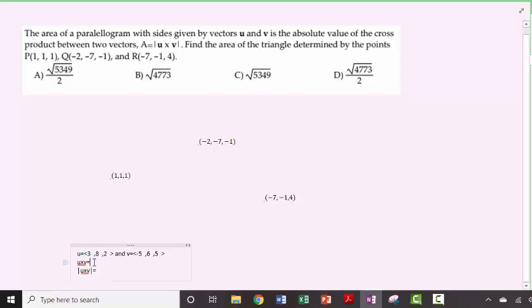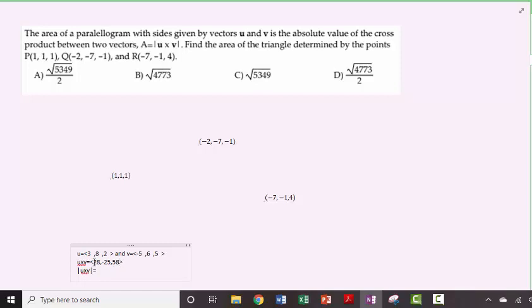When I worked it myself, I have that u cross v is equal to 28i. So I'm going to use the pointy brackets. 28 was my horizontal component, -25 was my component along the y-axis, and then 58 would be vertical.